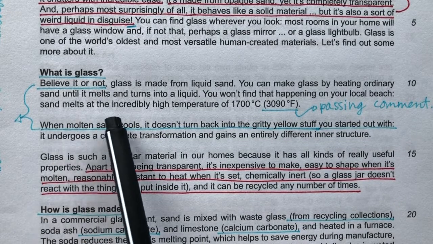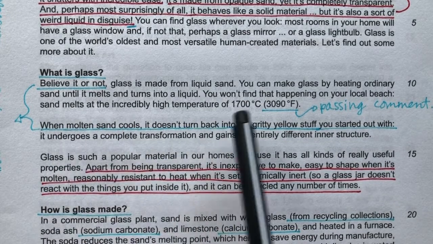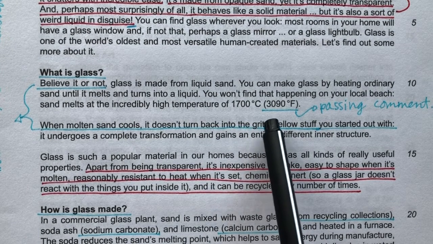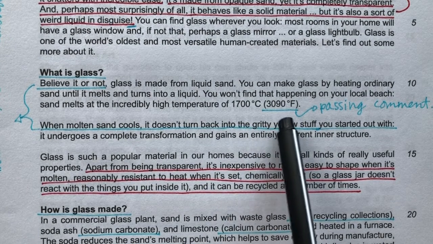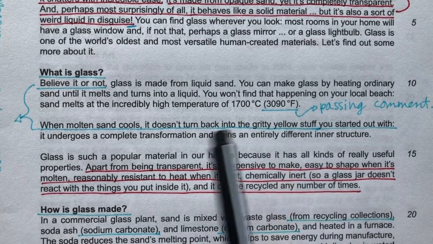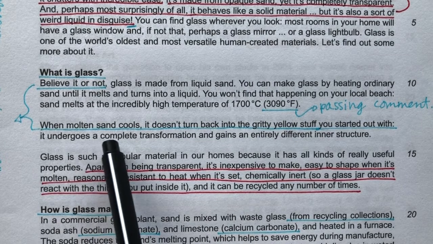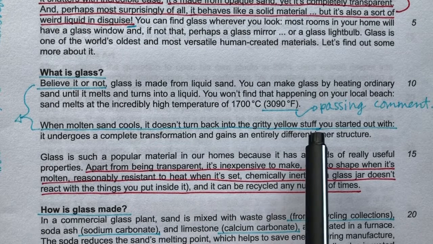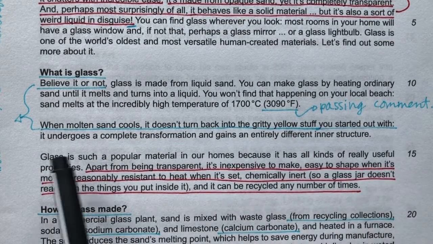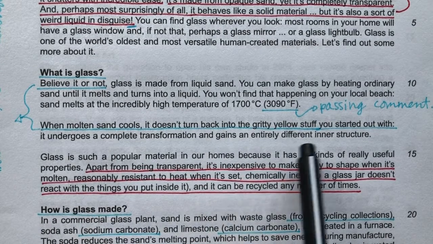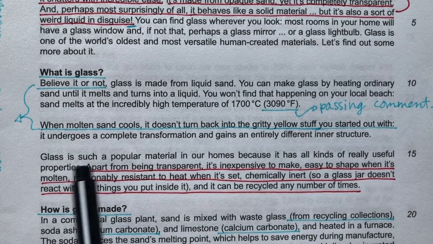Sand melts at an incredibly high temperature of 1,700 degrees Celsius, which translates to 3,090 degrees Fahrenheit. When molten sand cools, it doesn't turn back into the gritty yellow stuff you started out with. It undergoes a complete transformation and gains an entirely different inner structure.